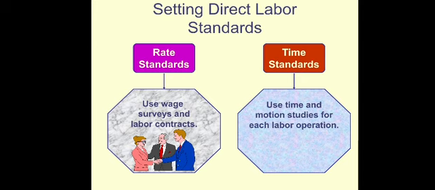standards and time standard. Okay, rate standard is how many dollars you want to pay for the worker. Maybe $5 per hour, $6 per hour, $7 per hour. So that is the thing that you have to determine. And then the second thing, the time standard, means how many hours you want the worker to spend on one unit of product.